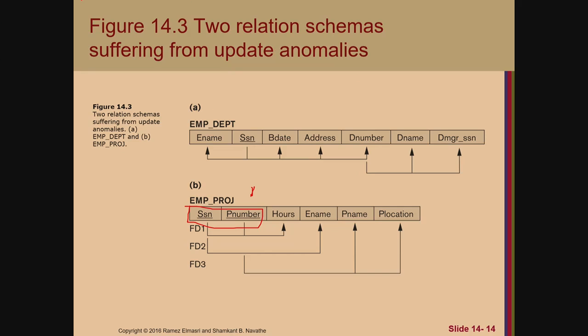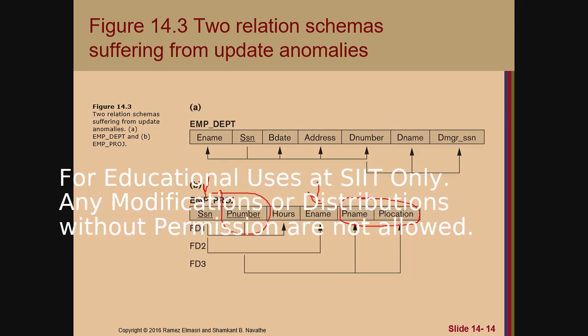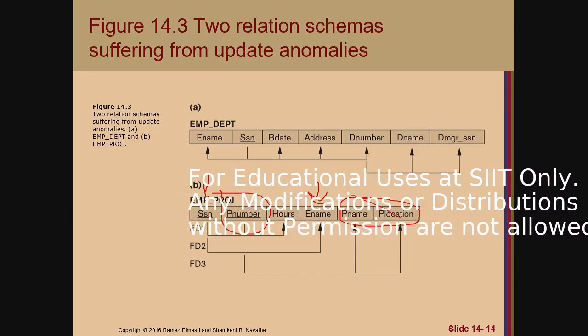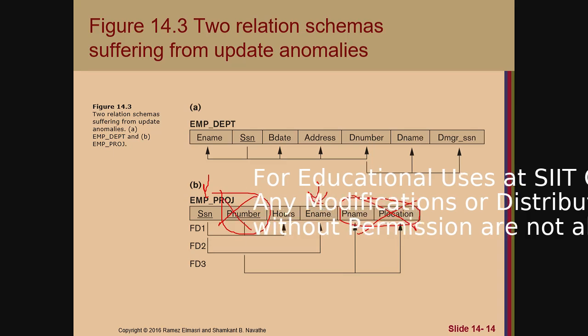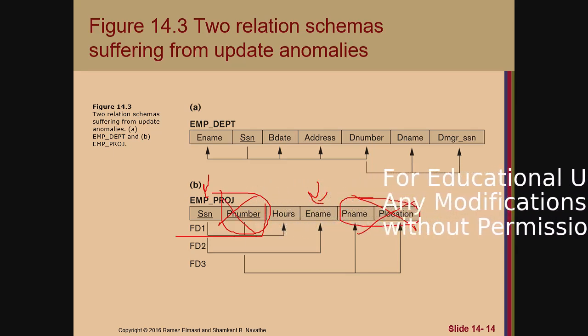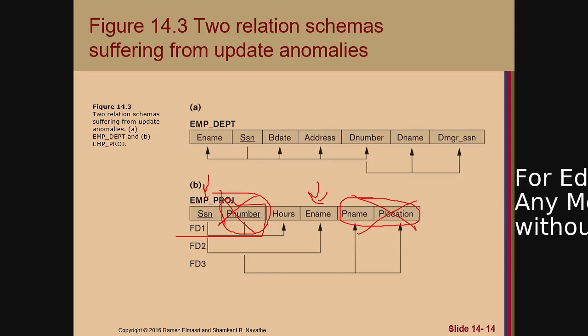So the project name and information of the project will be null, and for SSN and the name of the employee, the other will become null. Actually, you cannot add it because the primary key should not be null, right? This normally happens when you design badly.